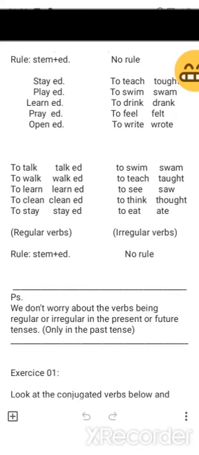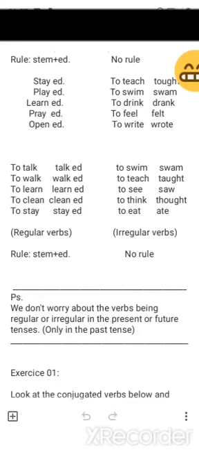The group of verbs on the right are irregular verbs. To swim, to teach, to see, to think, to eat are irregular verbs. When we conjugate them in the simple past, as we said, we don't guard the stem and add ed. The form changes completely in the simple past. To swim becomes swum.